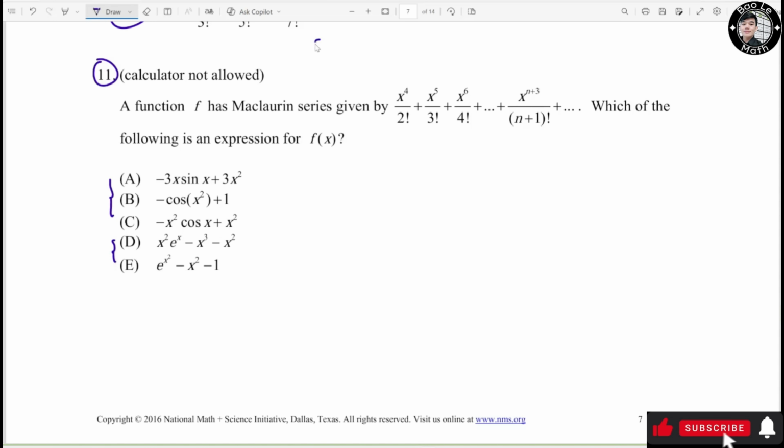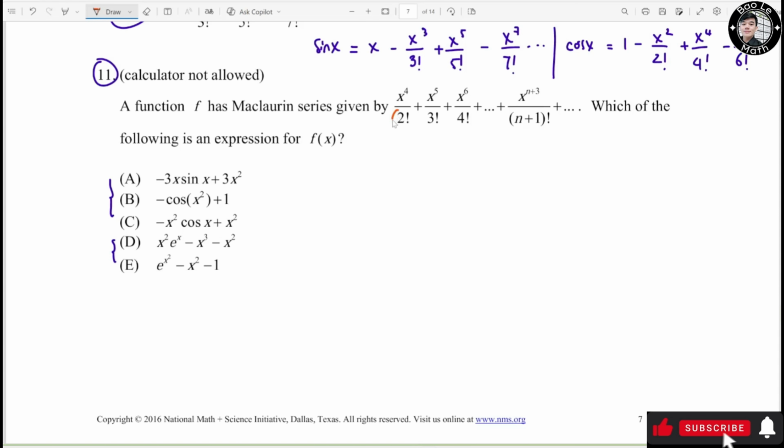So remember the sine function is given by this, and the cosine function is given by the one right here. Those have 2 factorial, 3 factorial, 4 factorial, right? So it cannot be A, B, C, because you have 3 factorial, 5, 7, or 2, 4, 6 only, right?